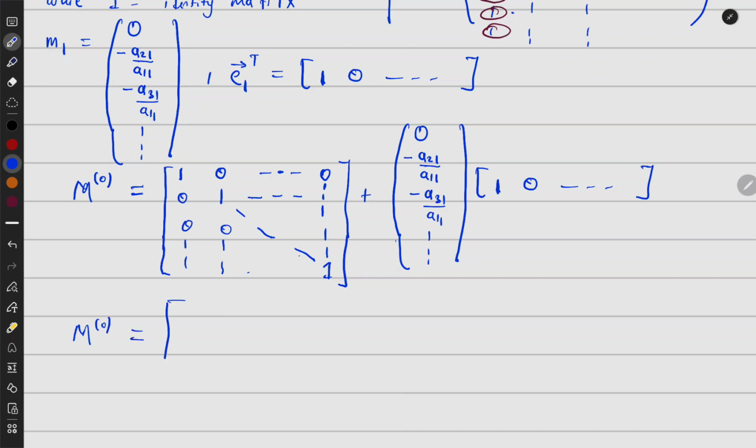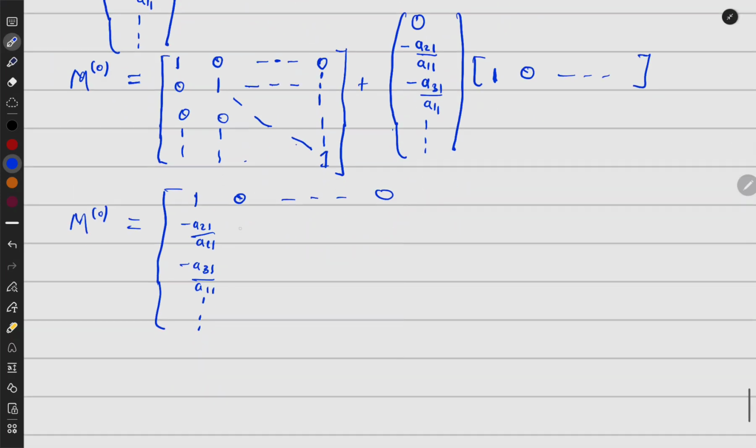My M naught, the first one will be in this form. So this is 1, 0, 0. This is negative 8 to 1. These are the only ones which change. The rest of them remain the same. A11 downwards, in case there are other cases, these ones will remain zeros.